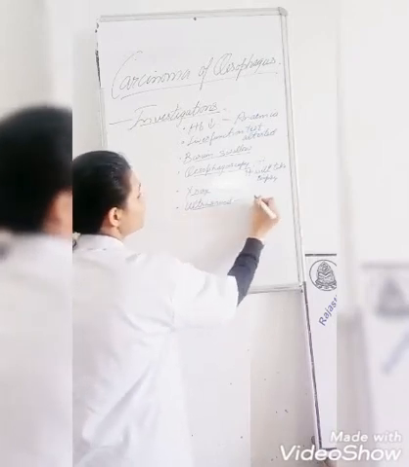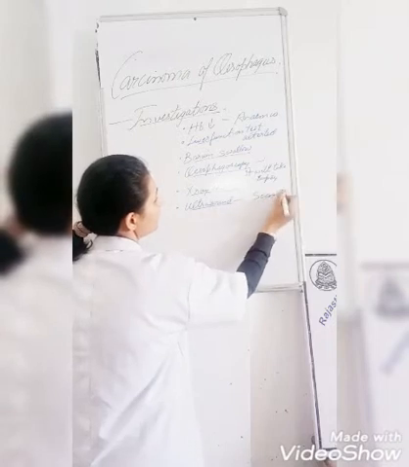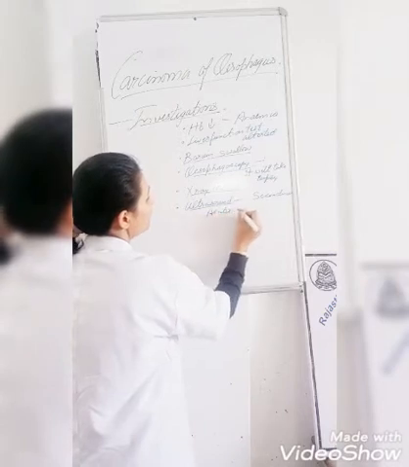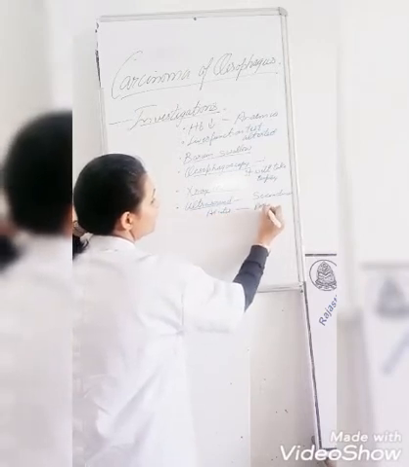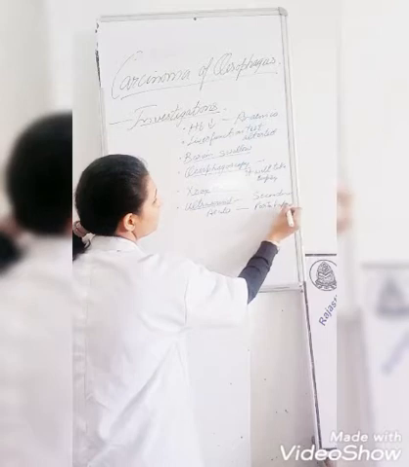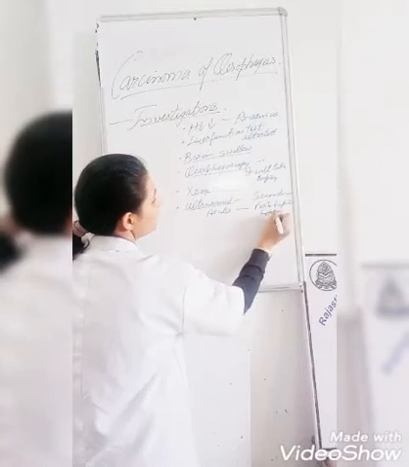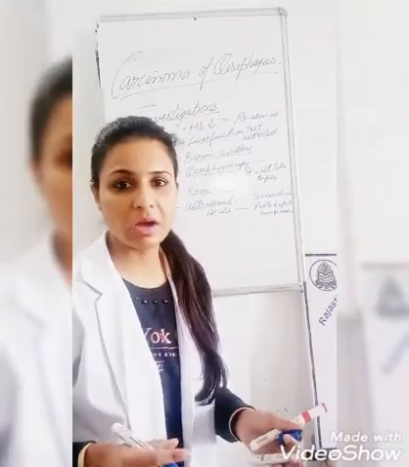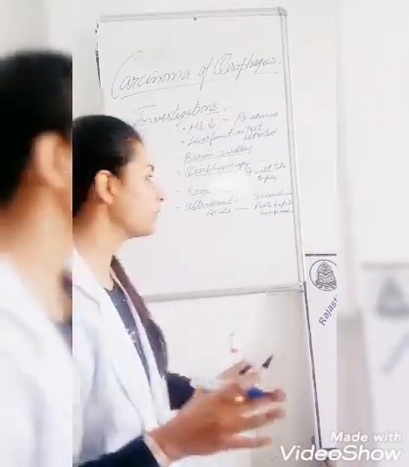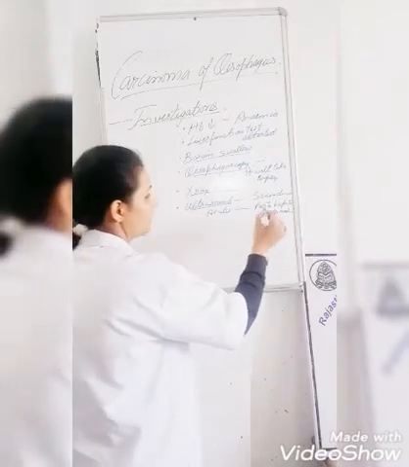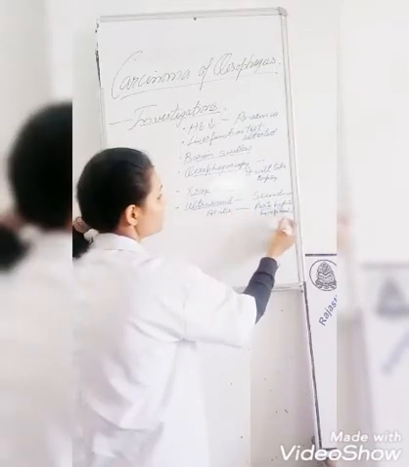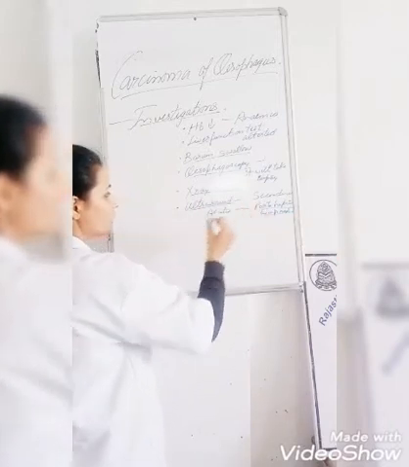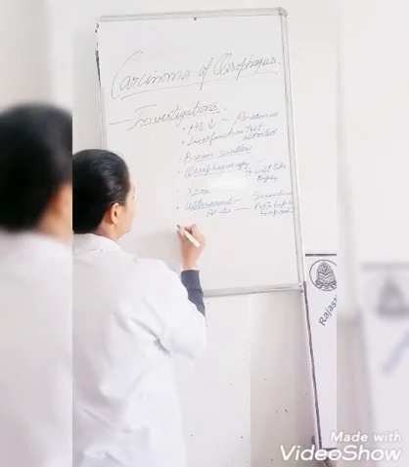Ultrasound will rule out the secondaries in liver, ascites or lymph nodes in porta hepatis, also the celiac nodes. So ultrasound will detect the lymph nodes involved, and also it will detect the secondaries in liver if present.